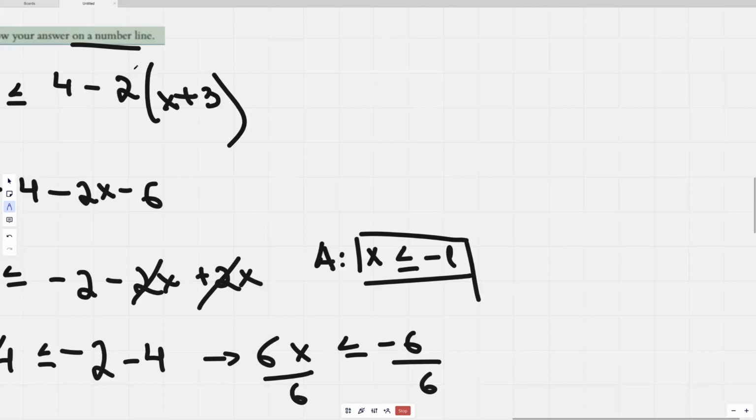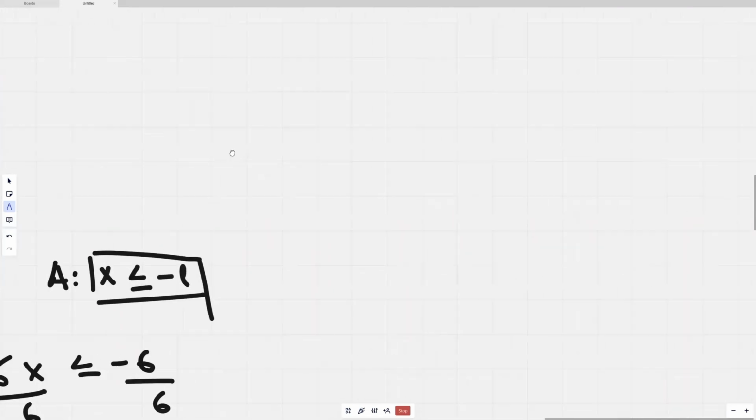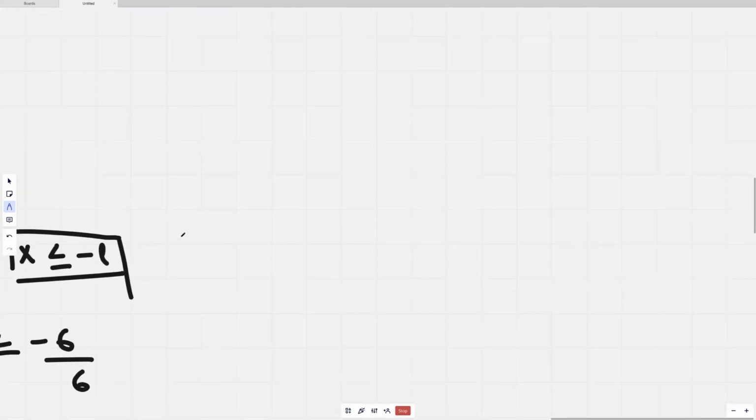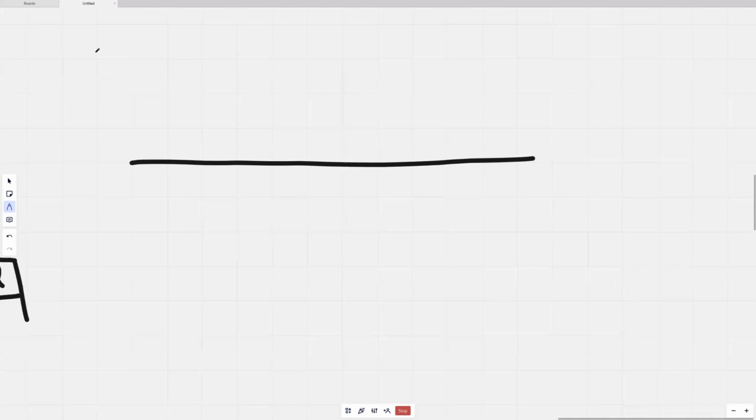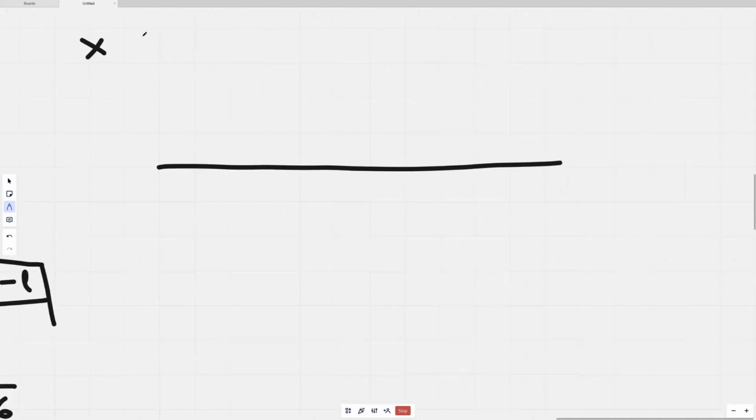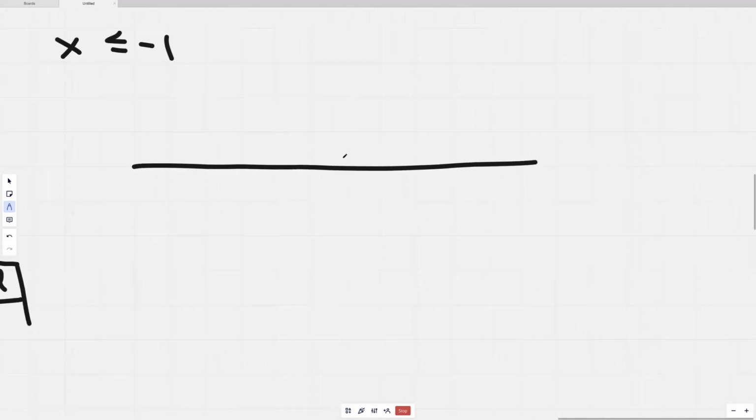So we have to show it on a number line, which means we have to draw the same thing again, but for less than or equal to negative 1. So here I have a line, and it says x is less than or equal to negative 1. So we have the 0 here, the positive 1 here, and here the positive 2. And we have negative 1 there, and negative 2.